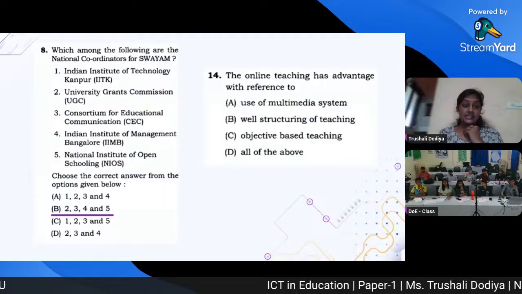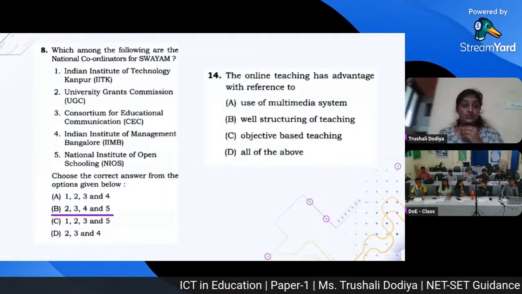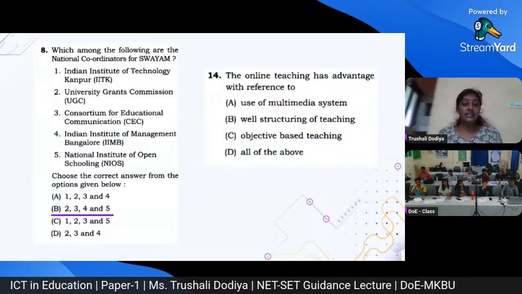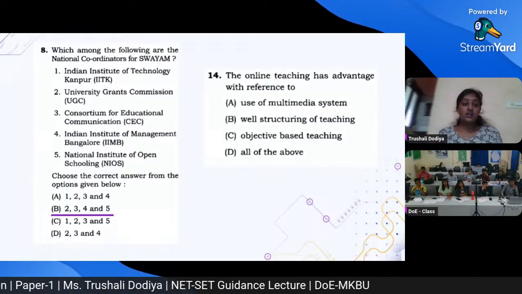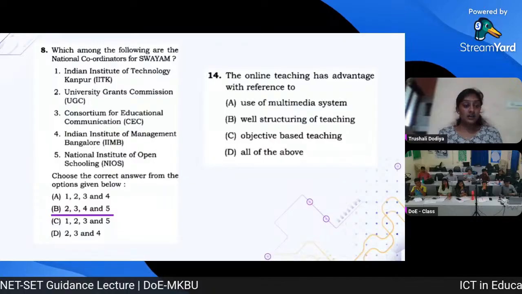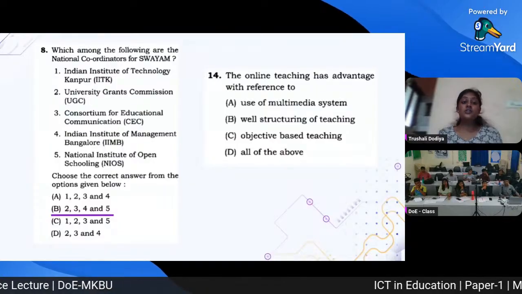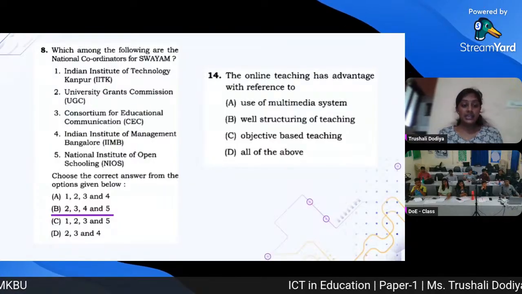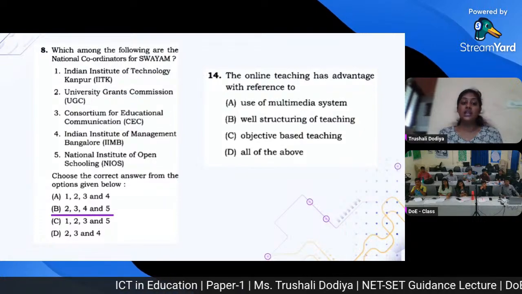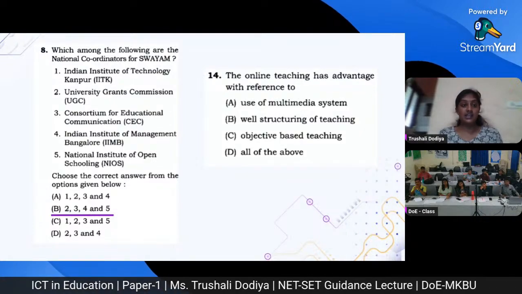Let's see the right answer, which is the second. UGC, University Grants Commission, is offering it. Then CEC, Consortium for Educational Communication. Then Indian Institute of Management, Bangalore, and the fifth one is National Institute of Open Schooling, NIOS.